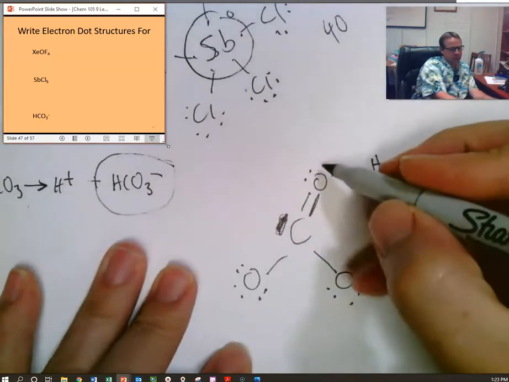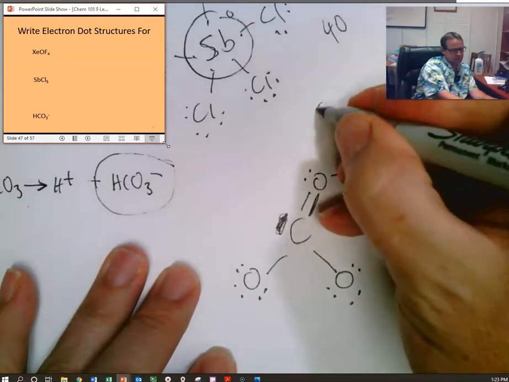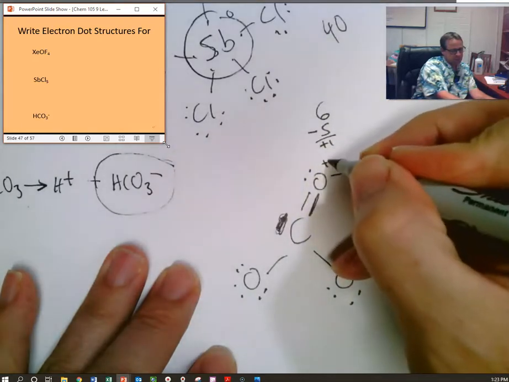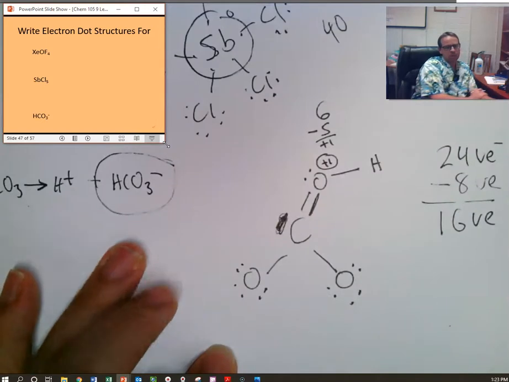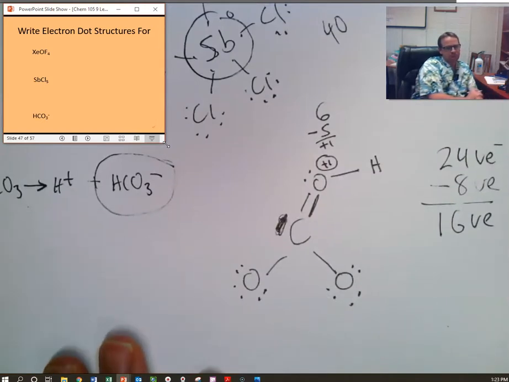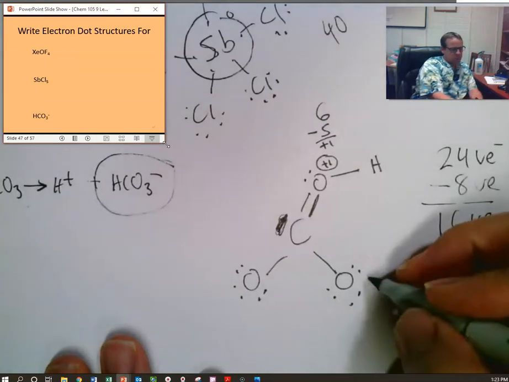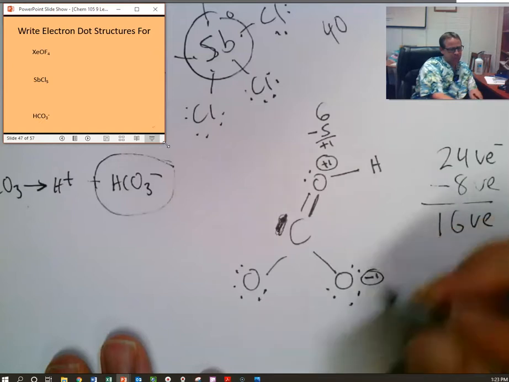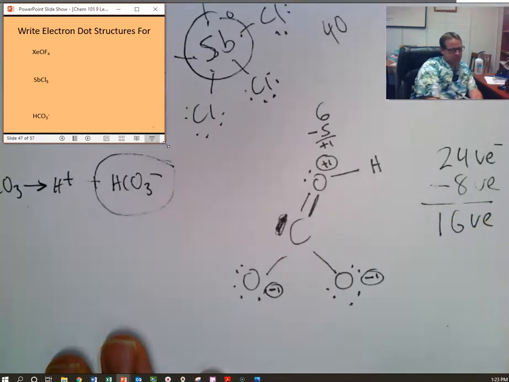Okay, it has a formal charge then of what? 6 is how many it brought, minus 5. It has a formal charge of plus 1. Any other problems with any of the other oxygens or the carbon? The other oxygens all have 7. So what would its formal charge be? Negative 1. Very good. Negative 1 for these oxygens.